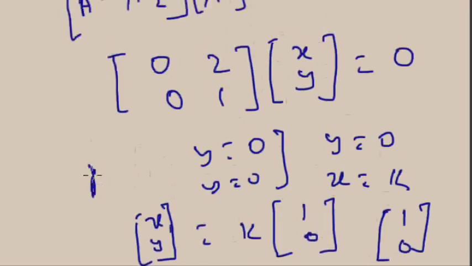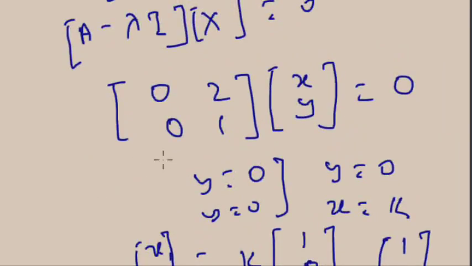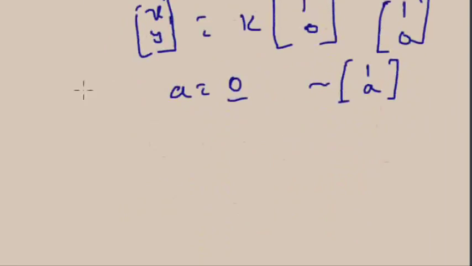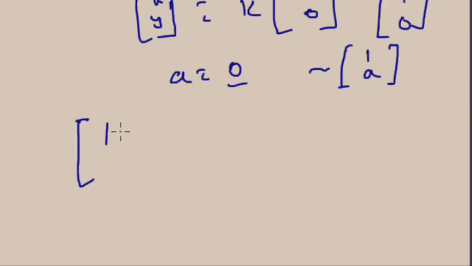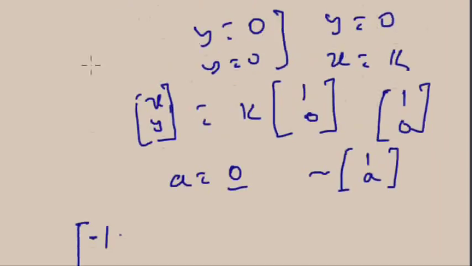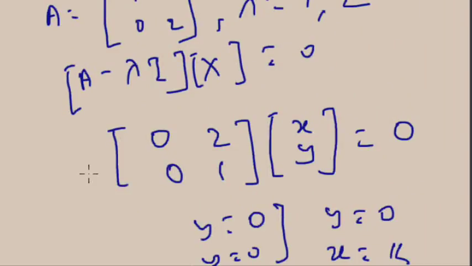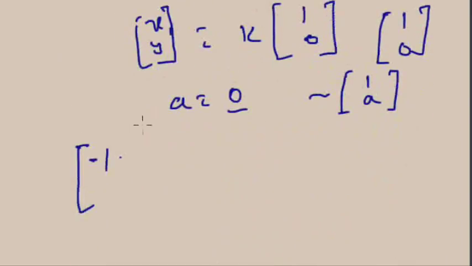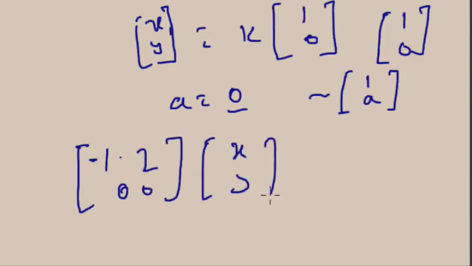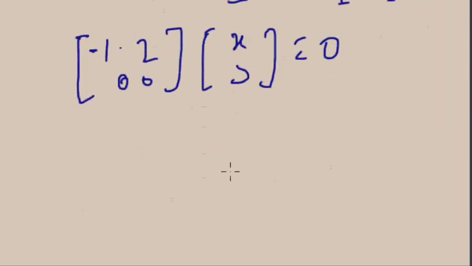Now for the second value of lambda, lambda is 2, and put it in: 1 minus lambda is 1 minus 2, which means minus 1. So the matrix is minus 1 2, 0 0, into x y is equal to 0. This means minus x plus 2y is equal to 0.